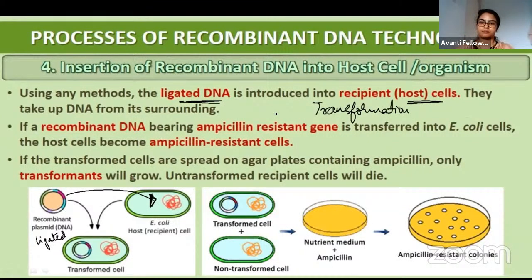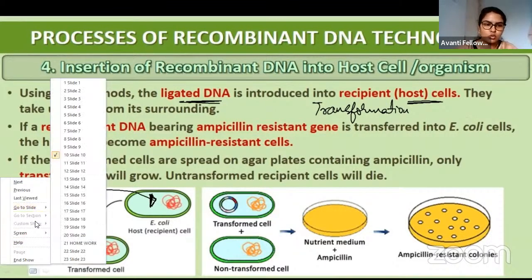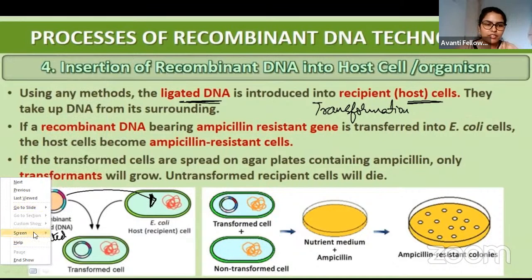Now, after doing the transformation, I hope you remember, I think Manjula madam has told you this. So let me give you a quick revision of it. There is a plasmid and there is a gene of interest.